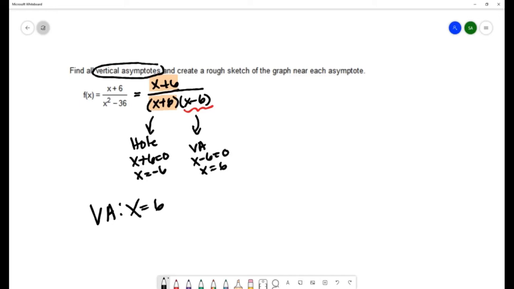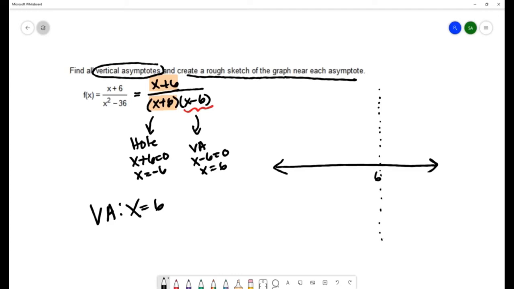And then we want to create a rough sketch of the graph near each asymptote. So we want to create a sketch of the graph near that asymptote of x equals 6. I'm going to draw my horizontal axis, which is the x-axis, and mark out at 6 a vertical asymptote.